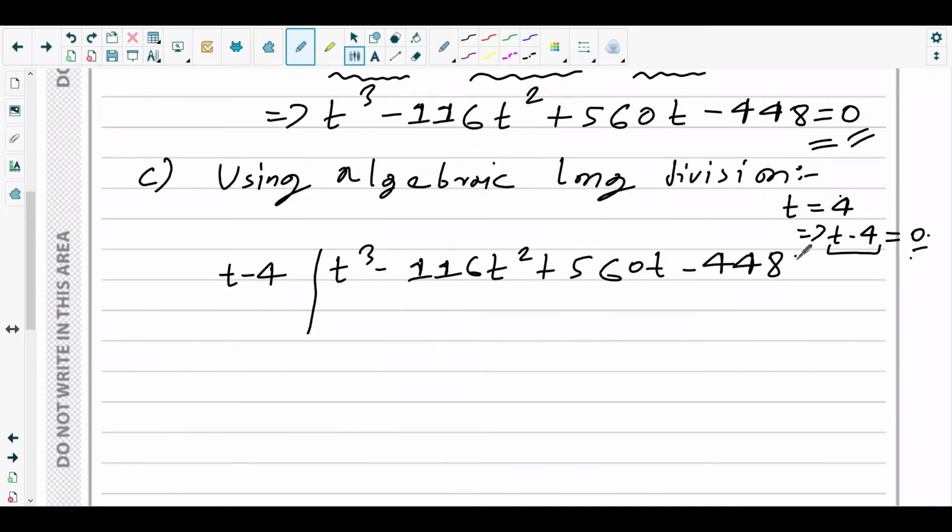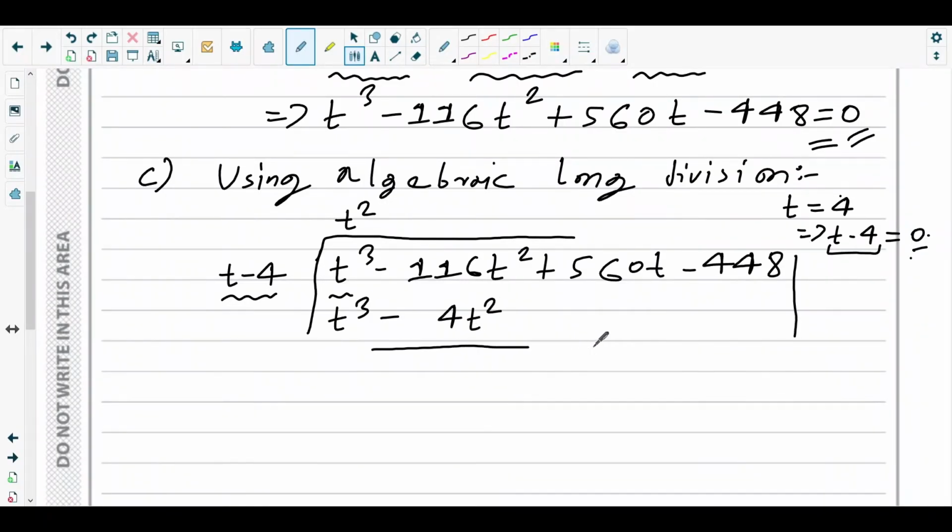Okay, let's have a look. Now at first, by what term do we need to multiply t minus 4 to get t cubed? This is nothing but t squared. So you will get t cubed minus 4t squared.